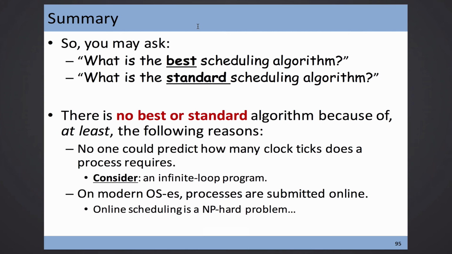From a practical point of view, your requirement of the operating system is very personal. Let's say my requirement is I want to run programs very fast, but your requirement is you run your game very fast. Okay, it's totally different. So there is no scheduler that can satisfy both needs.